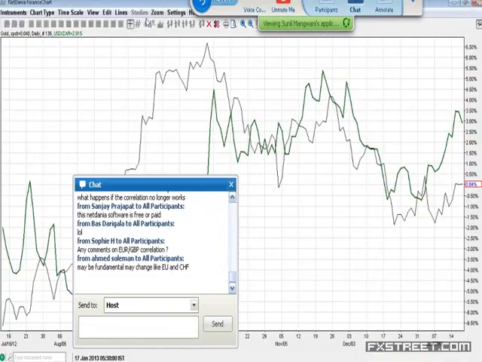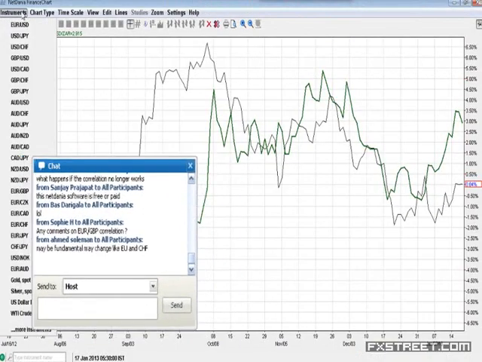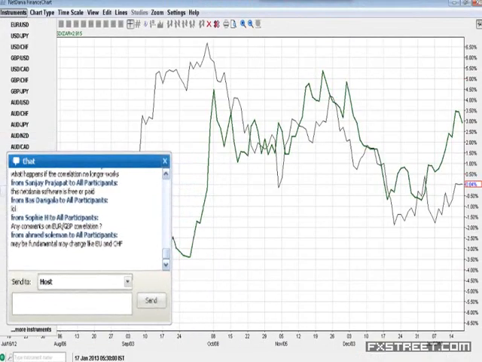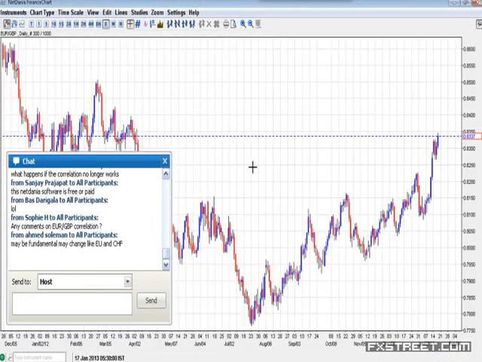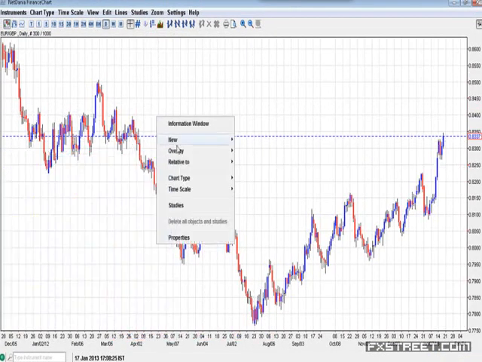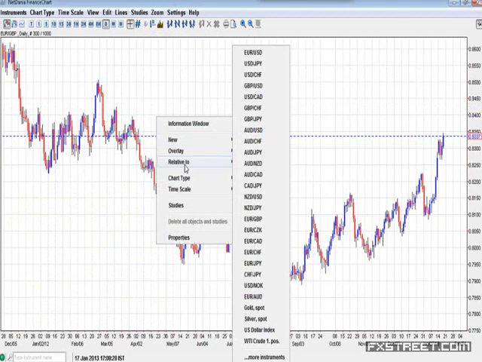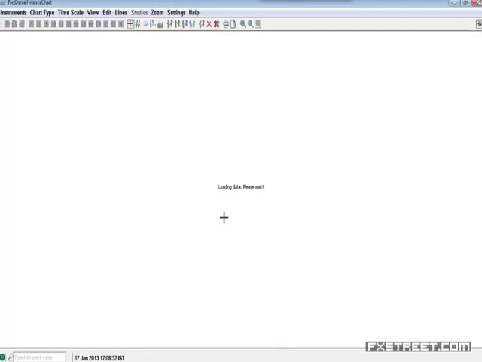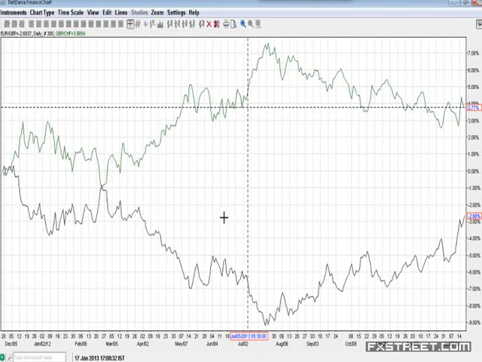Euro GBP, yes, there is a strong correlation with the instruments of the Euro GBP, not between themselves, but Euro GBP versus the GBP CHF. Here's the GBP CHF. Once again, they are absolute mirror images of each other.